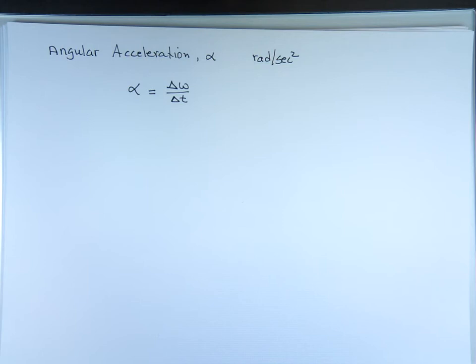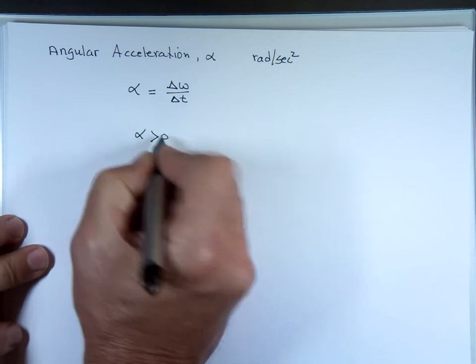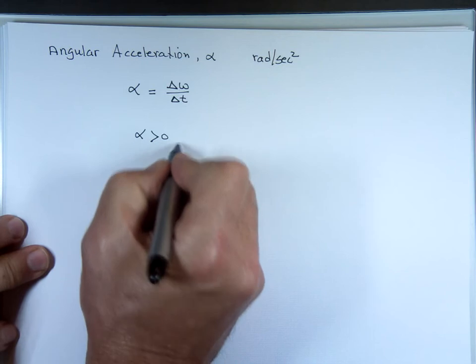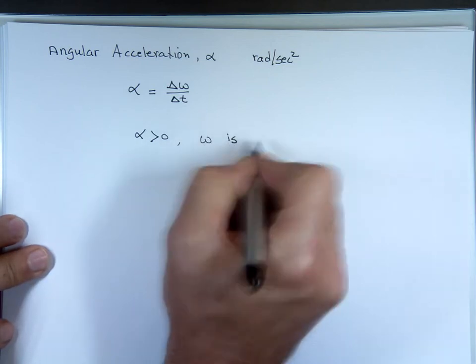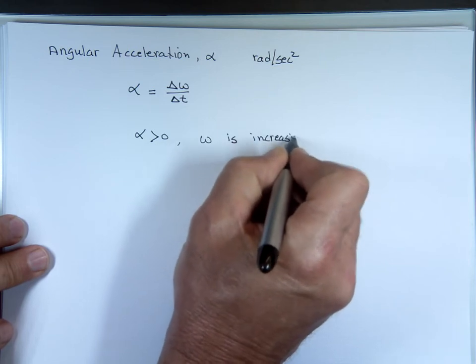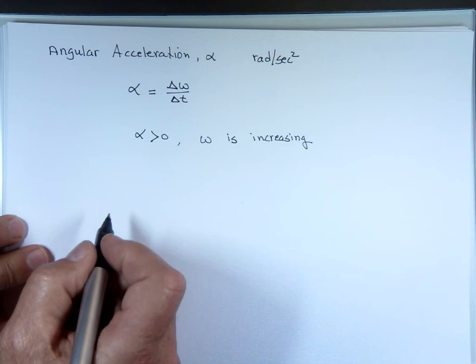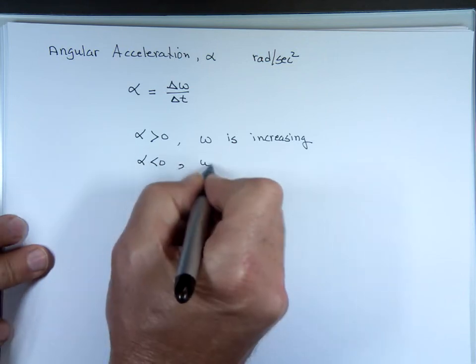Now, can the acceleration be negative and can it be positive? Alpha is greater than 0 when the speed is increasing, when something is spinning faster. And alpha will be negative when the speed is decreasing.